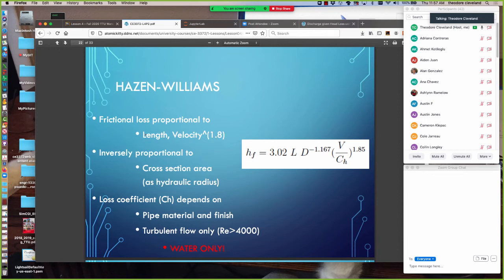Inversely proportional to cross-sectional area, but the loss coefficient now only depends on pipe material and finish, and it's only valid for turbulent flow, and it's only valid for water. So the Hazen and Williams applied to non-water is incorrect application, and the Hazen and Williams applied to laminar flow, which is admittedly uncommon, is also incorrect.